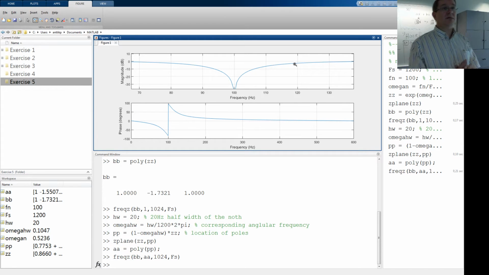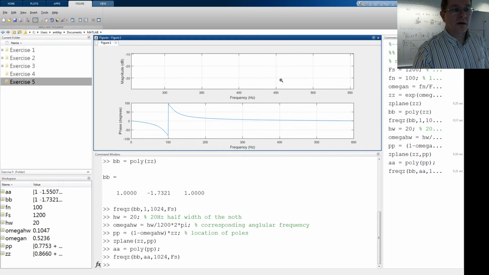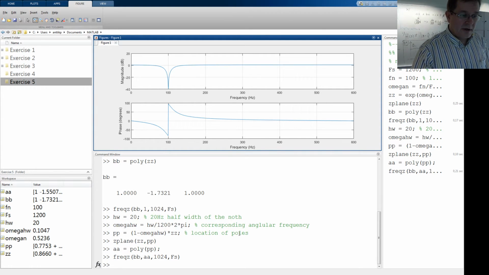So yes, we have the notch filter, band-stop notch filter as designed. Okay, just two parameters. One, where's the notch, and then another one, how wide is the filter.